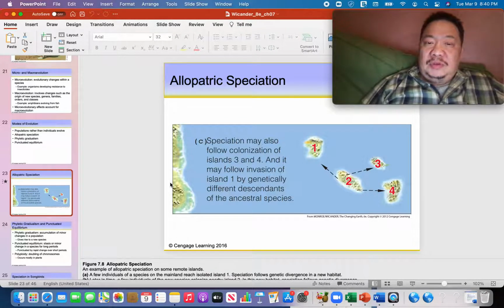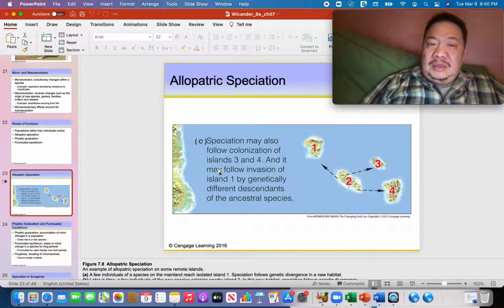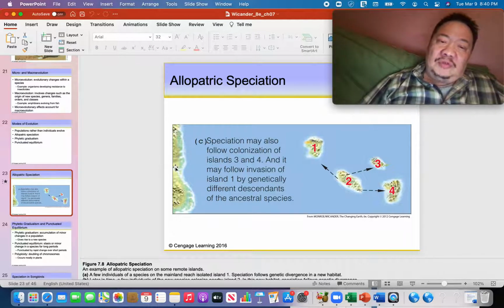Here you can see a picture showing how allopatric speciation might occur, for example, with finches, like the finches that Darwin saw in the Galapagos Islands. You had an ancestral species here on the South American mainland. Then they migrated to one of the Galapagos Islands, and the birds on this island would develop different beaks because maybe there were insects there.